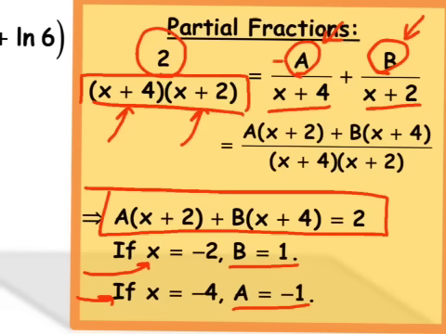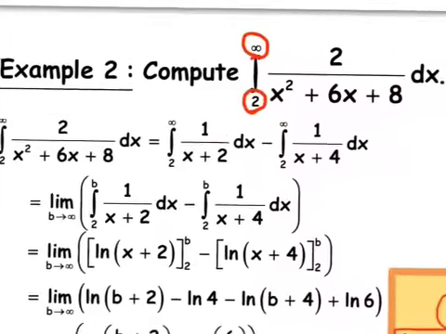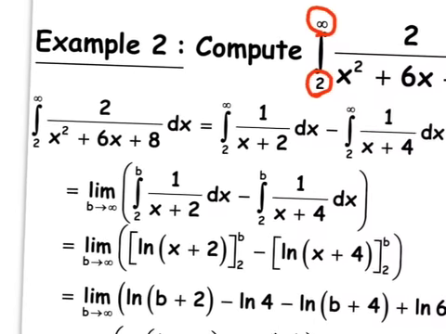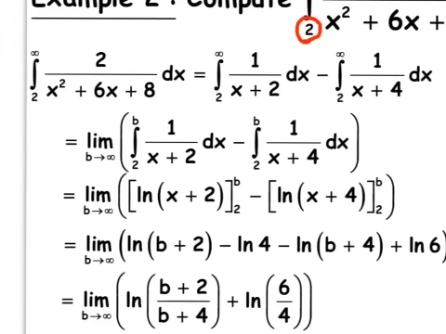We're going to end up having negative 1 over x plus 4 plus 1 over x plus 2 as our decomposition. And that will get us back to where we left off. We were supposed to compute the definite integral from 2 to infinity of 2 over x squared plus 6x plus 8.